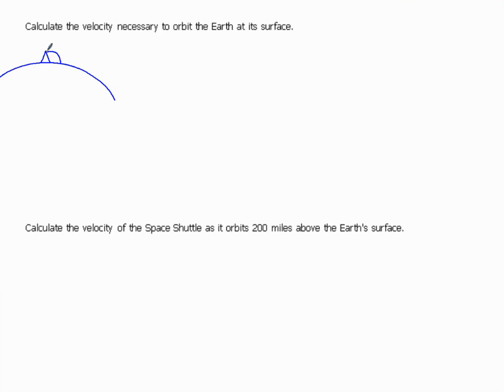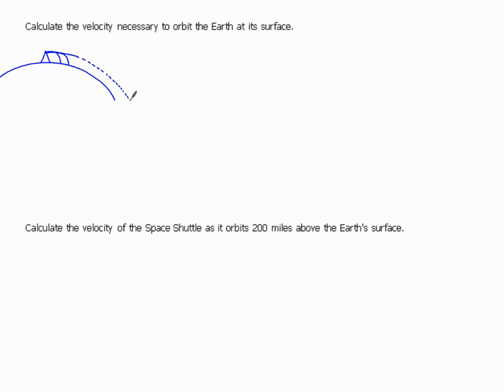Or if you shot it at a higher velocity horizontally, it would go farther, but it would still hit the ground. But at some point, there is a speed to where it goes into orbit.